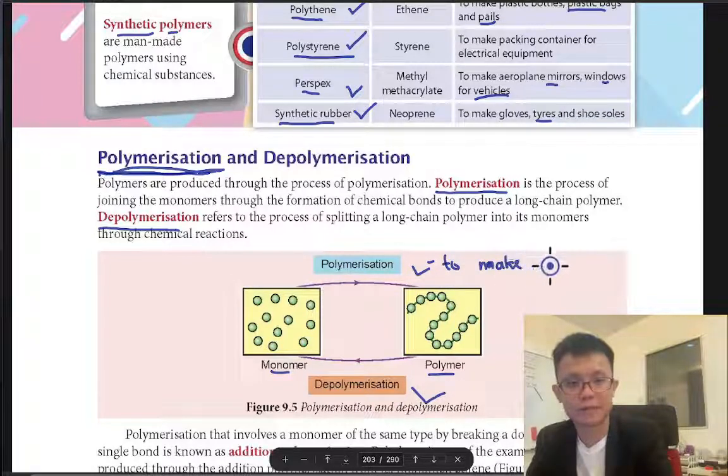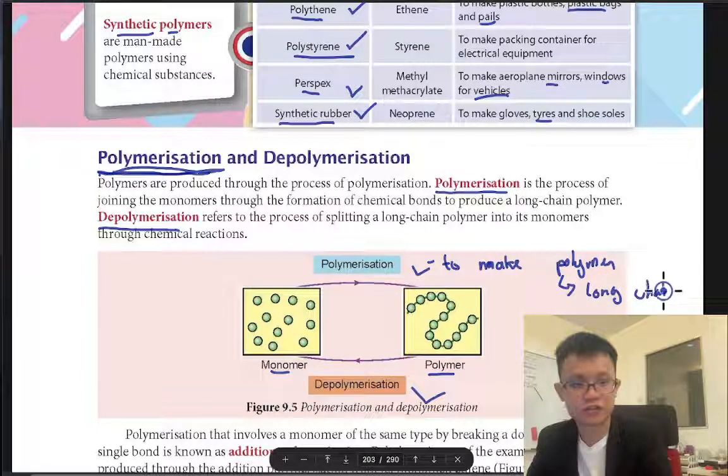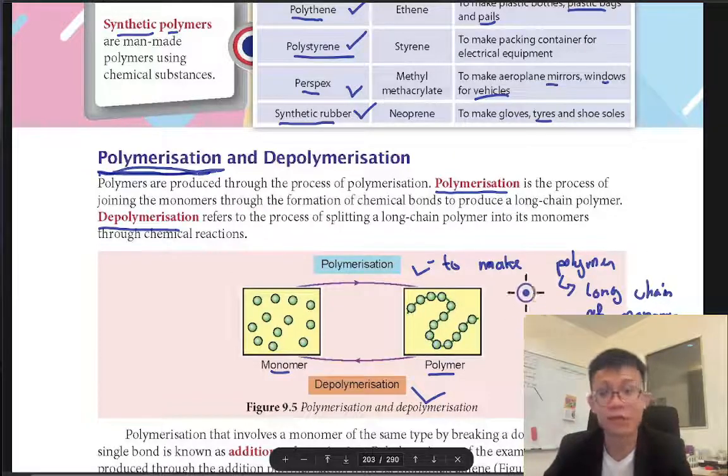Sorry, make it easier lah. Polymerization is to make a long chain, to make polymer. Polymer means it's a long chain of monomer. Okay, polymerization is to make polymer, and polymer is a long chain of monomer.